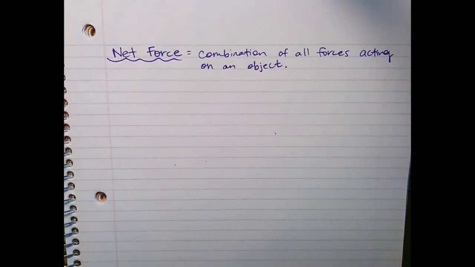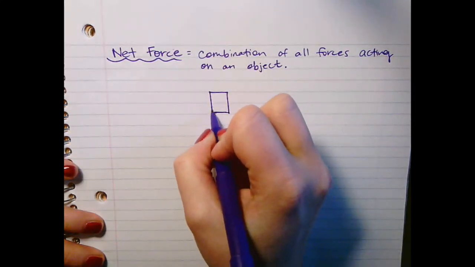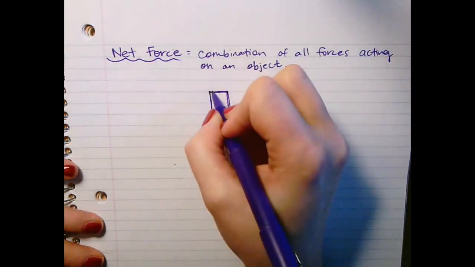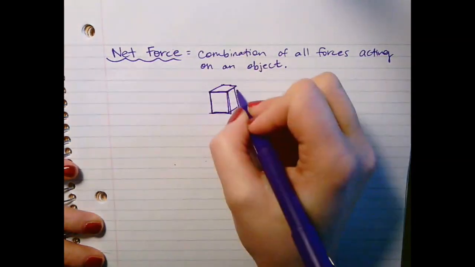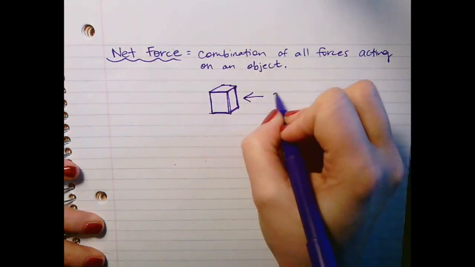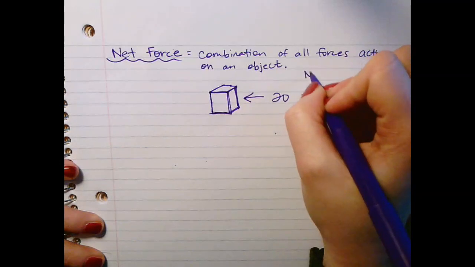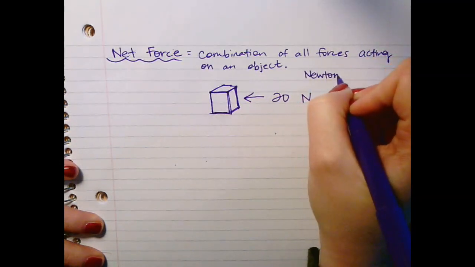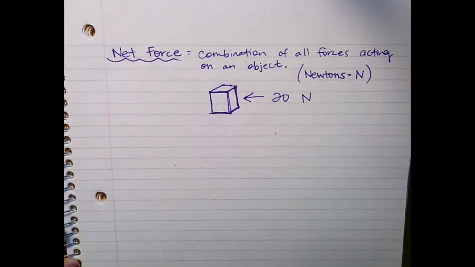So when we talk about net force, we're just talking about if I had a box, and somebody was pushing on the box this way with 20 newtons of force, and I will say our unit of force is newtons, which you guys should remember, and we use a capital N to write that.